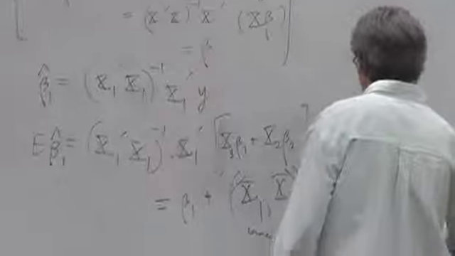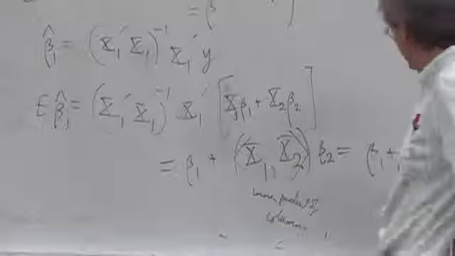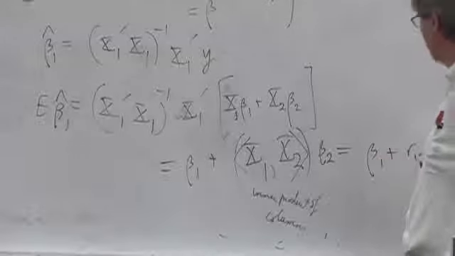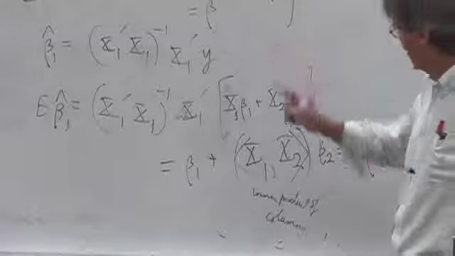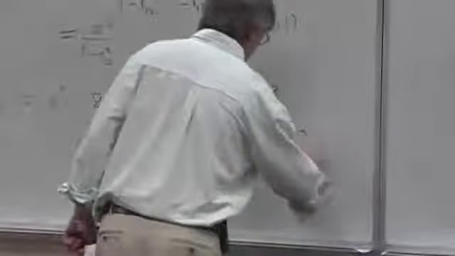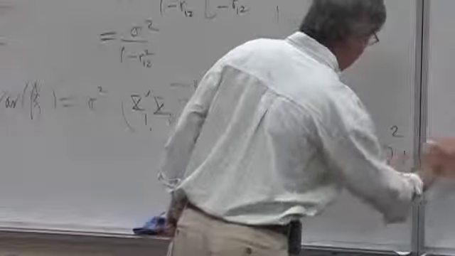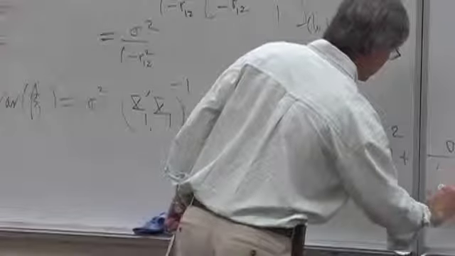In our case, the expectation of beta 1 hat is beta 1 plus R1,2 beta 2. I already talked about this inner product; in the case of the unit length scaling, that is just R1,2. So then I have this as a bias, and then the variance. So what's the mean square error? The mean square error of beta 1 hat star, which is the unbiased one, is 0 squared plus sigma squared over 1 minus R1,2 squared.